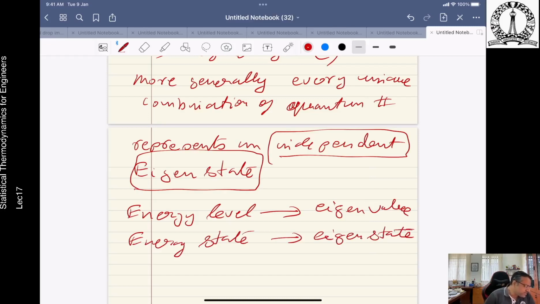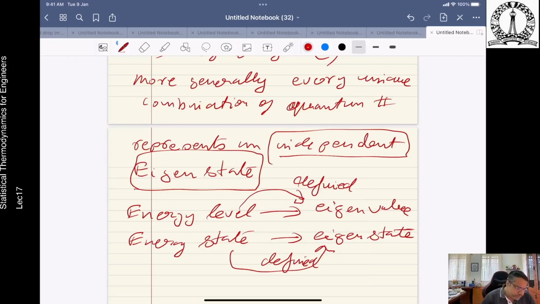So each energy level is defined by its eigenvalue, whereas each energy state is defined by its eigenstate.